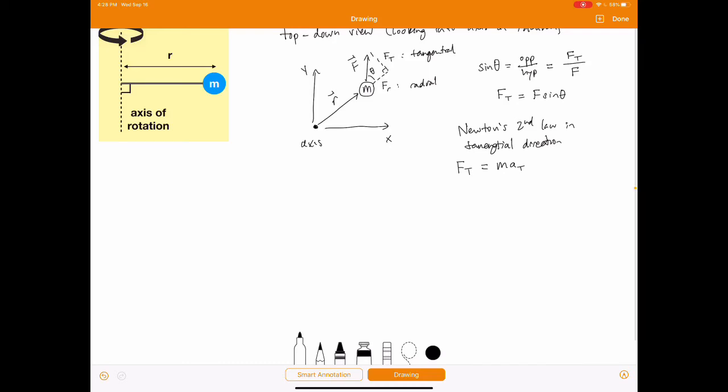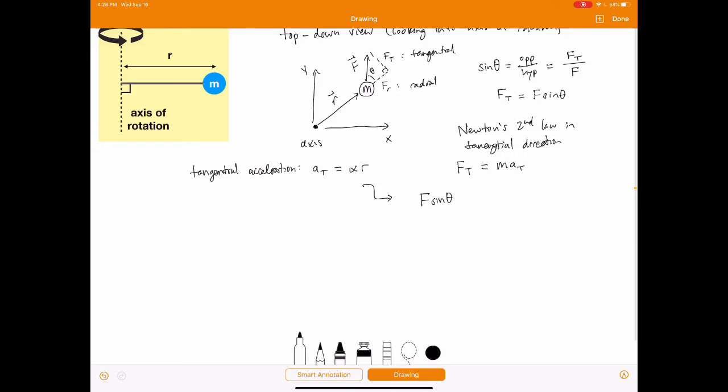Well, that should sound familiar. Tangential acceleration. From the previous lecture, we found that the tangential acceleration of a rotating object is equal to alpha times r. So we're going to use that here. And FT, as we said earlier, was F sine theta.